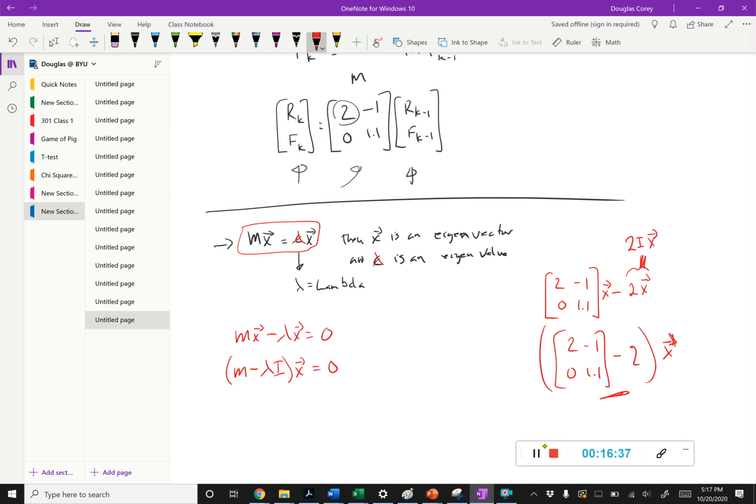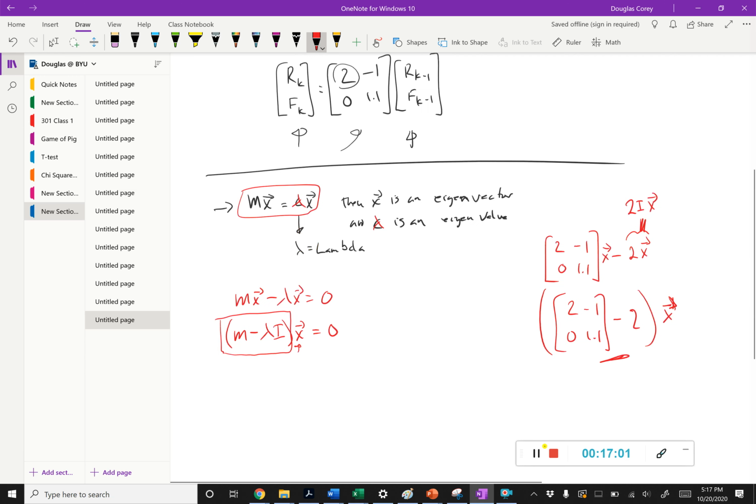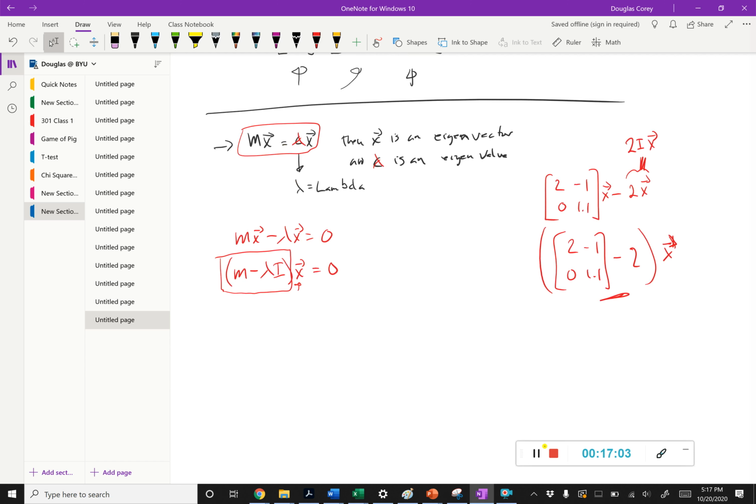So that means we can find our lambdas and our x's if we write down this system and look for the null space. Look for all the vectors that we could multiply by this matrix and get 0. So in practice it looks like this.